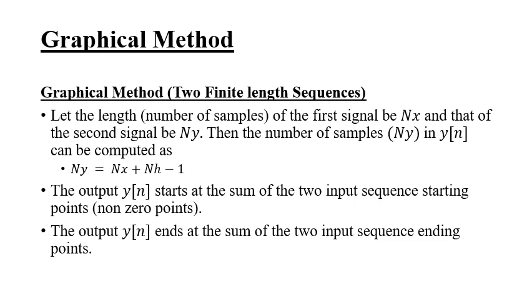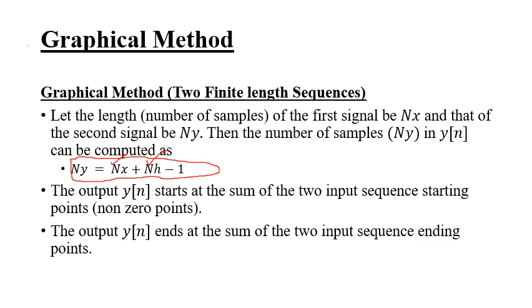So in general, there is an equation to find the number of non-zero points in the output, which is y of n. So how many points will be non-zero there? This is the expression for it, where nx is the number of non-zero values in the input signal, and nh is the number of non-zero values in the response, minus 1.